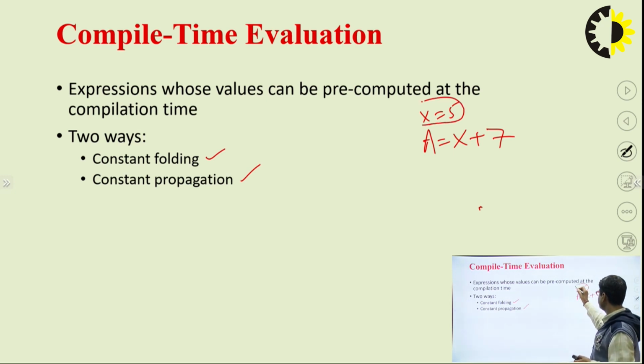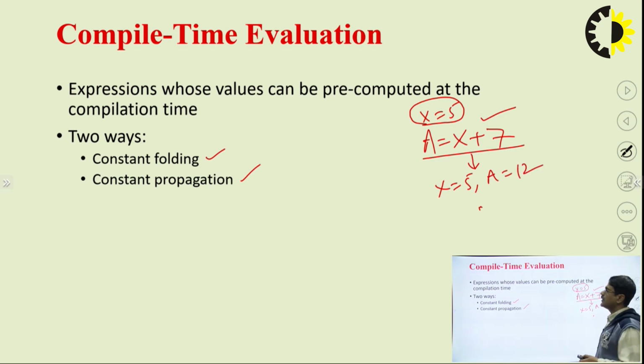Because x already has the value 5, we would otherwise generate this statement, then associate the x value with it. If we convert it, x equals 5 and a equals 12. This is called constant folding.